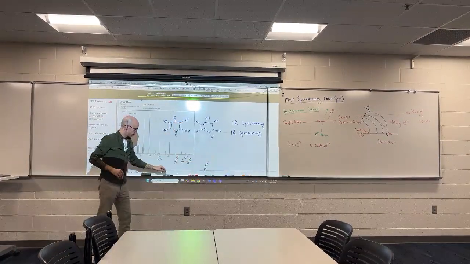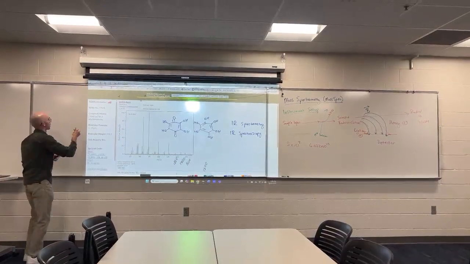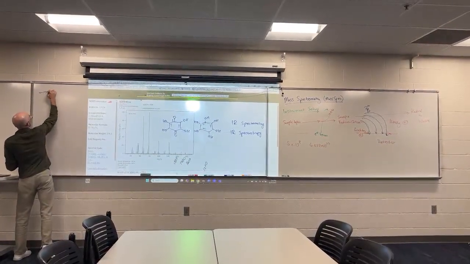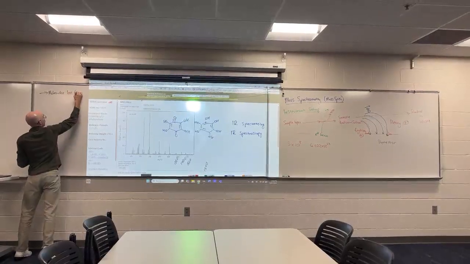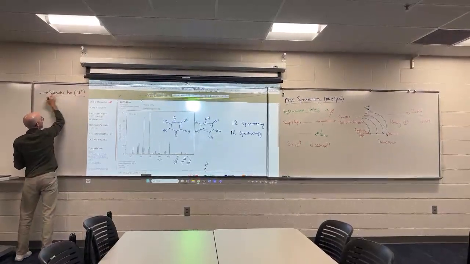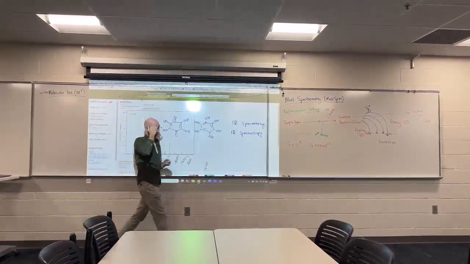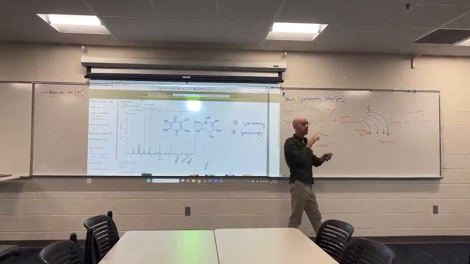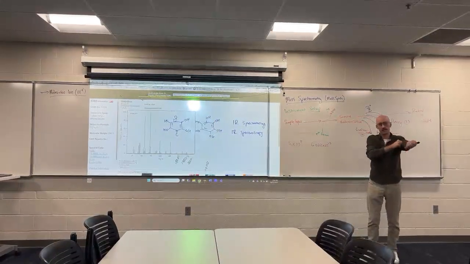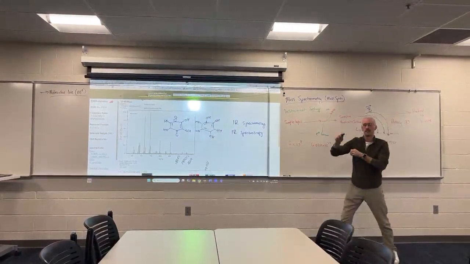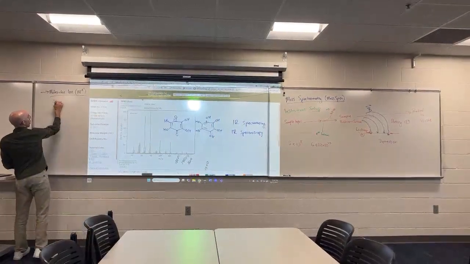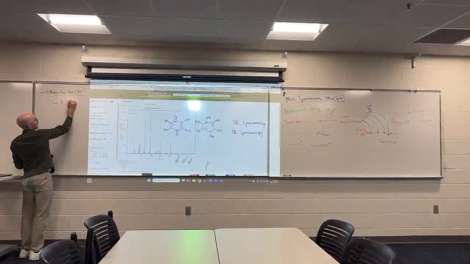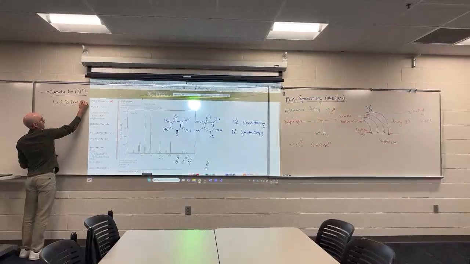First, the things that can reach the detector. The most important of these is the molecular ion. The molecular ion is always a radical cation.